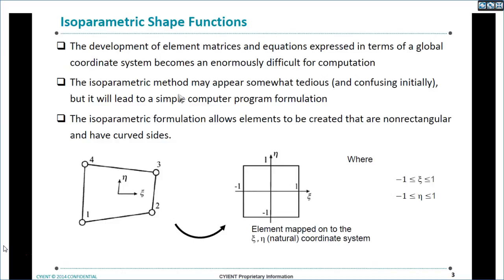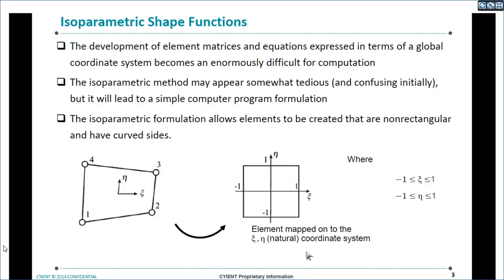Whenever you use equations expressed in the local coordinate system, it is very difficult in terms of computation. Shape functions derived using the natural coordinate system are always helpful in solving quickly, and for all element combinations.